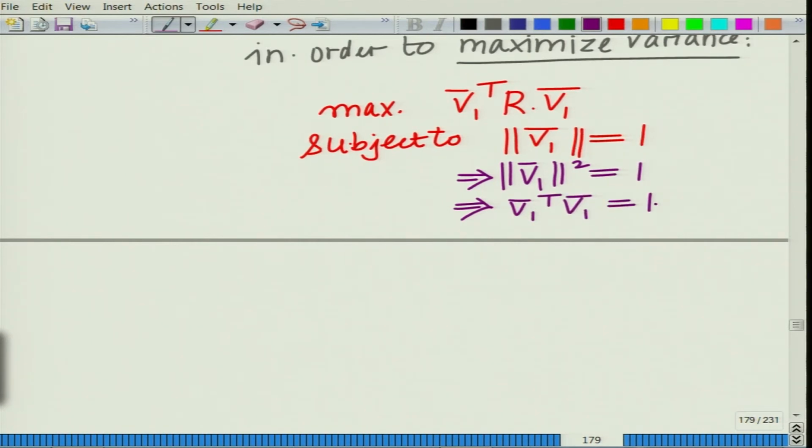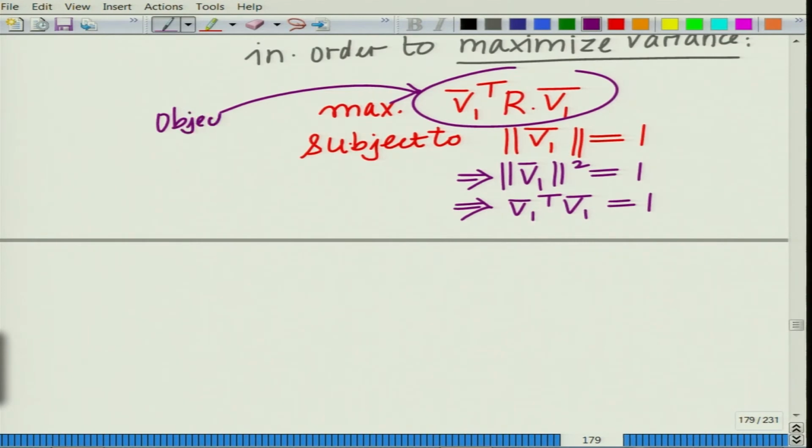This is what we call a constrained optimization problem. This is the objective, and this is the constraint. And therefore, this is what we call a constrained optimization problem.